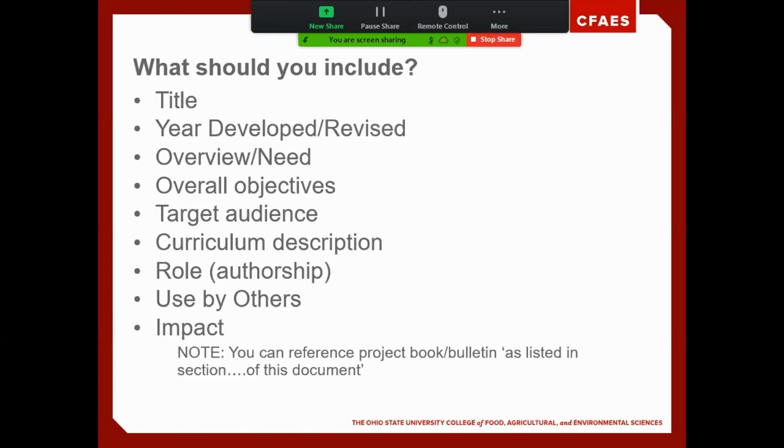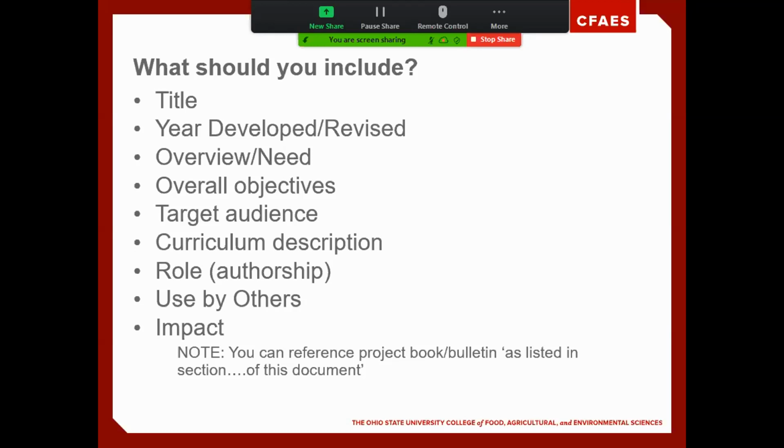What is it that I'm talking about? Who developed it and what year? I'm pretty sure we could all go to our archives or filing systems, and you're going to find materials in there that don't have years, and we don't know who wrote it. And maybe then I question whether or not this is up to date enough for me to use. What is the overall need and the objectives?